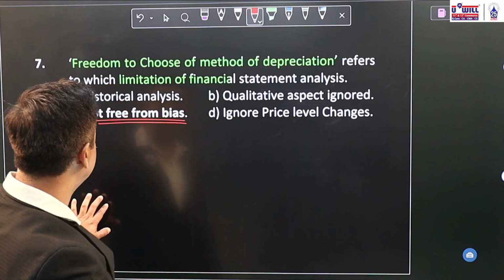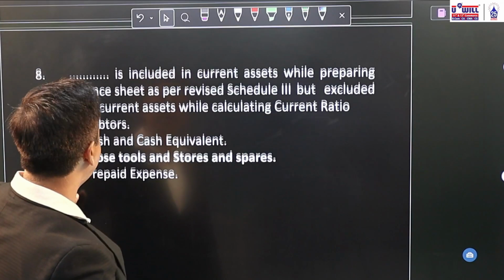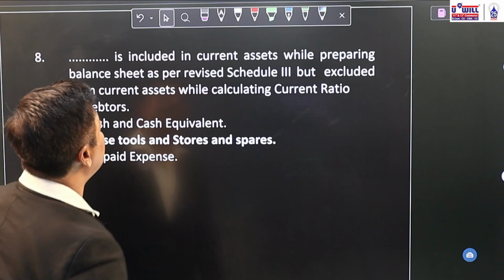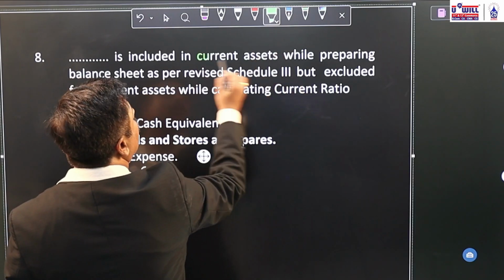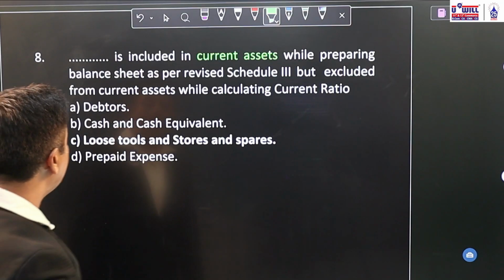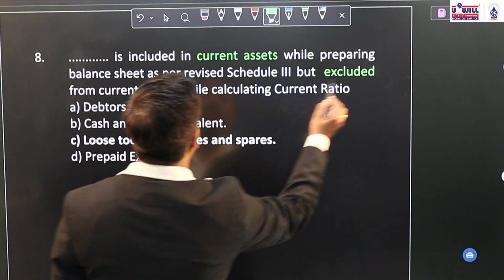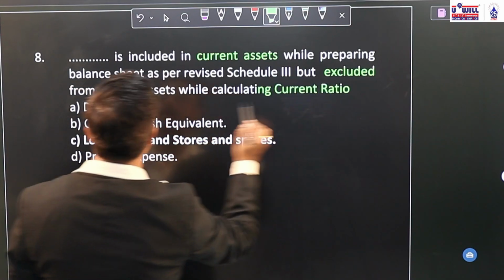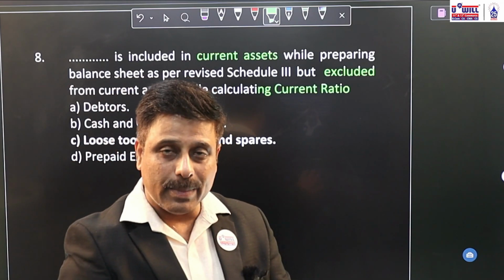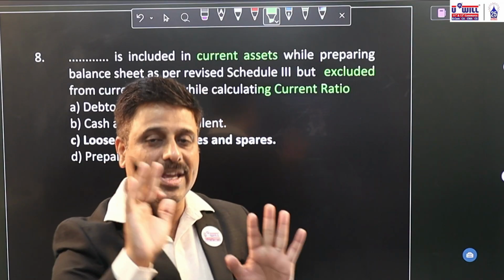Okay, there's a limitation. Question 8: Dash is included in current assets while preparing the balance sheet as per revised Schedule 3, but excluded from current assets while calculating current ratio. So in balance sheet we include it in current assets, but in calculating the current ratio we exclude it.